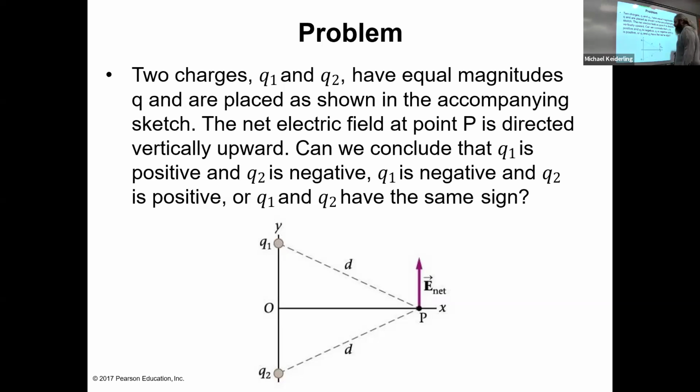It is minus plus. This is E2. This is E1, and E net is the sum. So this is minus plus, down would be plus minus, this way would be plus plus, this way would be minus minus.